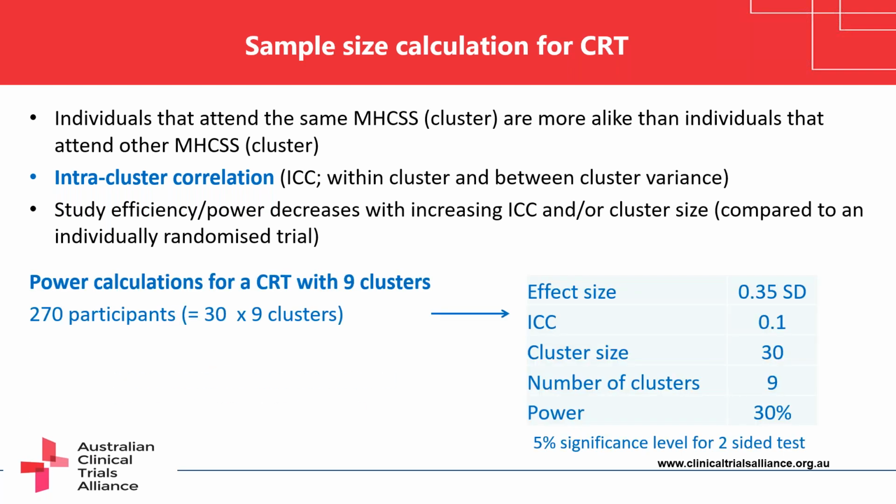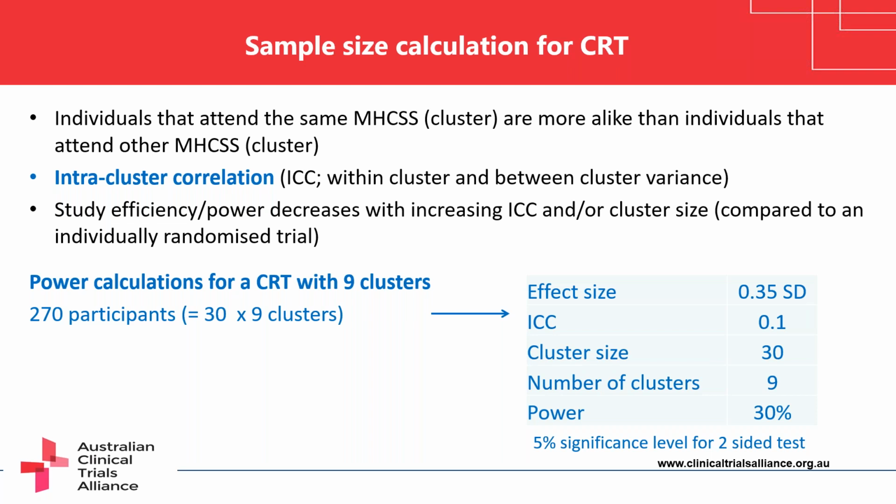Given that our parameters were that we were looking for an effect size of 0.35 of a standard deviation, and we assumed an intra-cluster correlation of 0.1. And we were limited by our cluster sizes because it was a hard-to-reach population, and also it was very costly to recruit them.